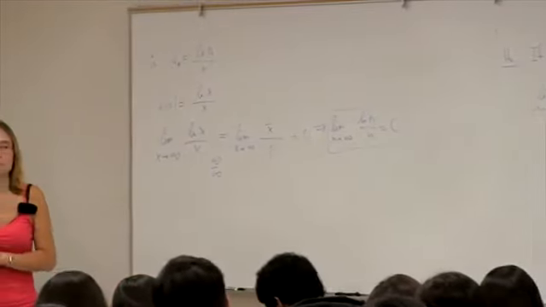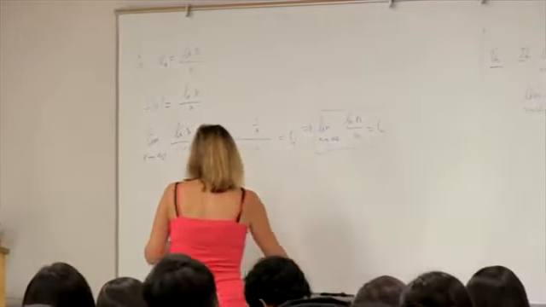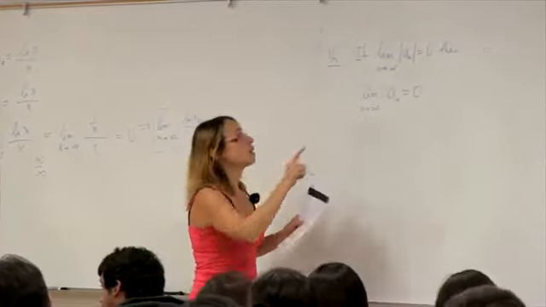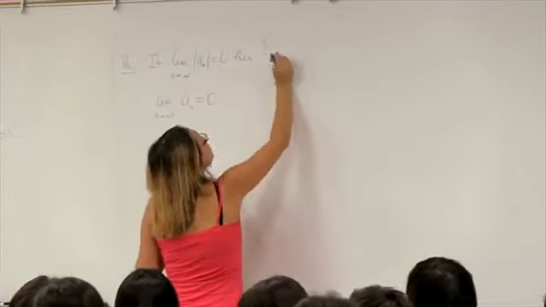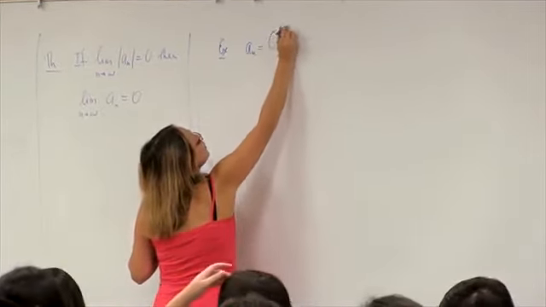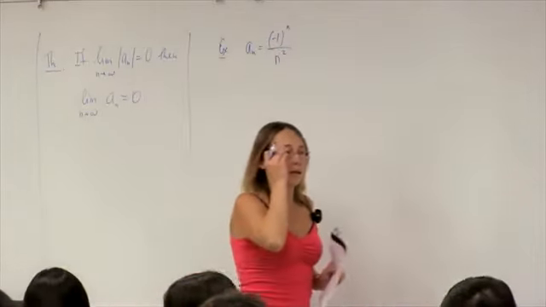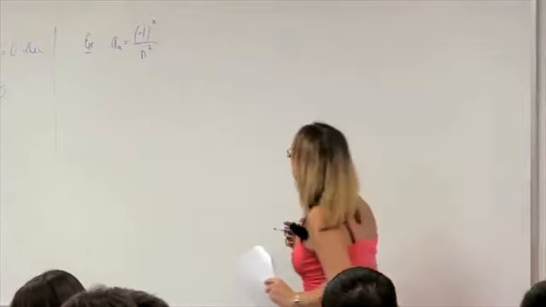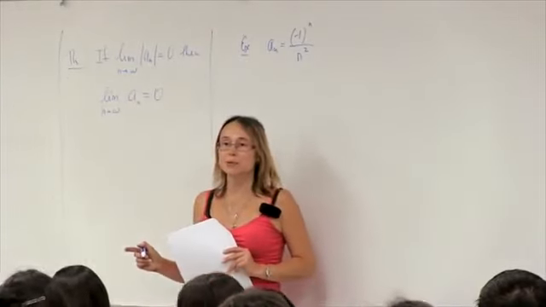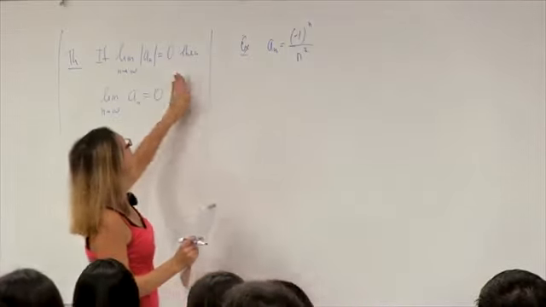Questions? Okay. So remember this little theorem here. Let's apply this one. Suppose that a_n is (-1)^n over n squared. What is the limit of this? This theorem tells me that if I know something about the absolute value of the sequence, and if it goes to 0, then so does the sequence itself.